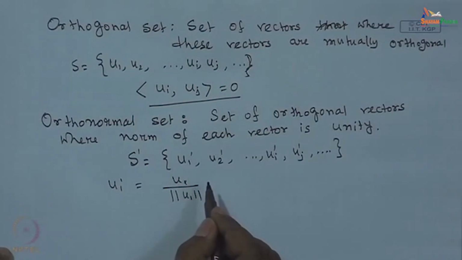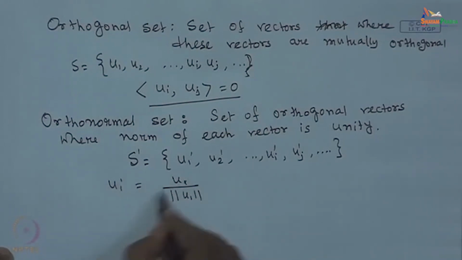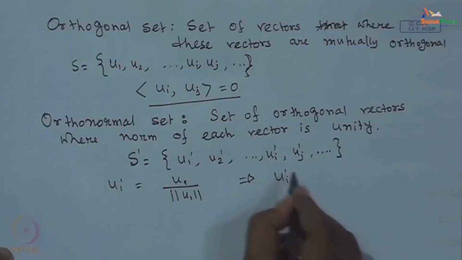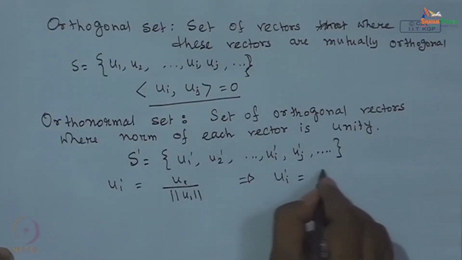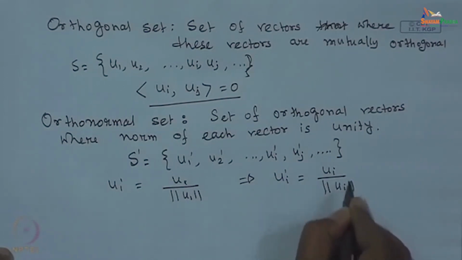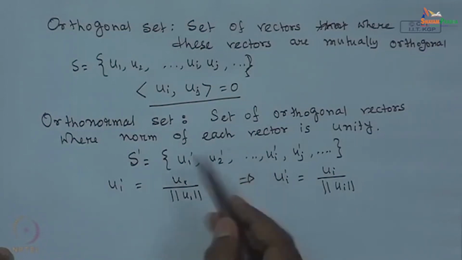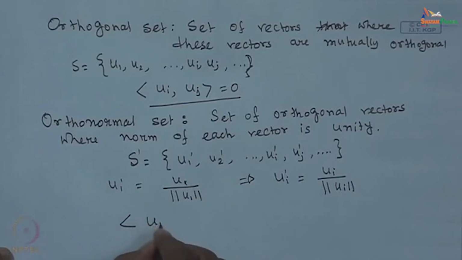So, we make sure that the norm of this vector will be unity. Any arbitrary vector will be nothing but ui divided by norm of ui, and of course, they will be orthogonal to each other, because these vectors are orthogonal to each other. So, inner product between ui prime and uj prime will always be equal to 0.